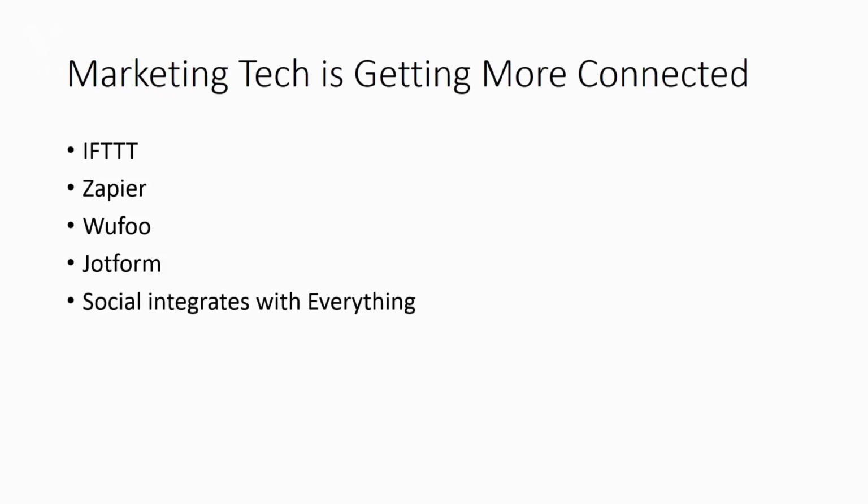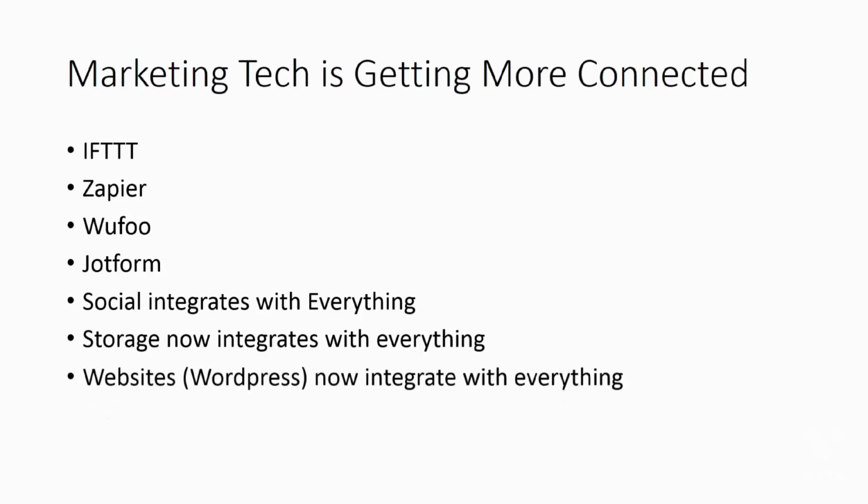And you probably realize, you probably purchased some of these things. Your social media now integrates with everything, right? You can integrate social media, Facebook, Twitter, with just about everything. You can now integrate your storage with just about everything. How many of you all own Dropbox or Microsoft Cloud? You can now connect that with everything. So marketing technology is getting more and more connected every day.